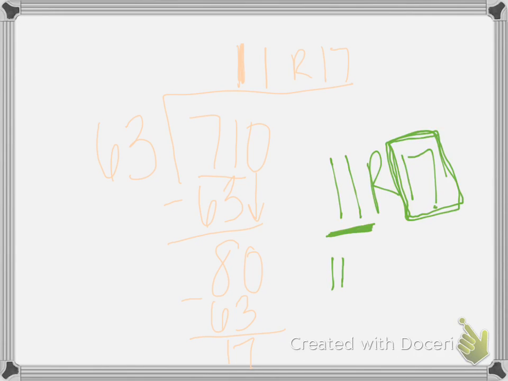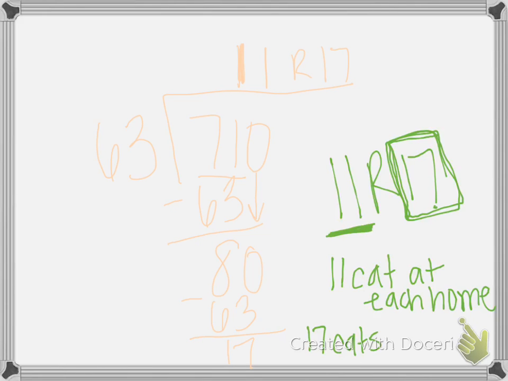So 11 cats are placed at each home, and 17 cats are hanging out at Sophie's house until they are adopted. 17 cats at Sophie's.